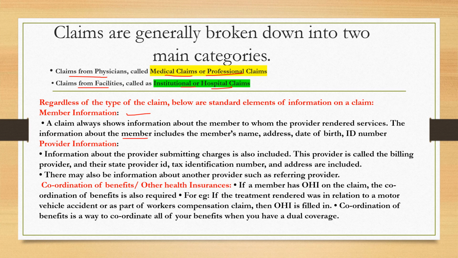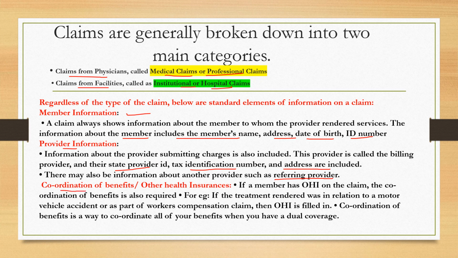The member information includes the member name, address, date of birth, ID number, social security if you're in the US. Provider information, we talked about it: their state provider ID, tax identification number, and their address are included. There may be information about another provider, such as a referring provider. Sometimes you visit your family practitioner and they refer you to a specialist, so when they refer, they need to put the reference number as well.